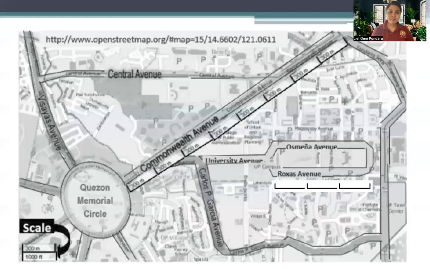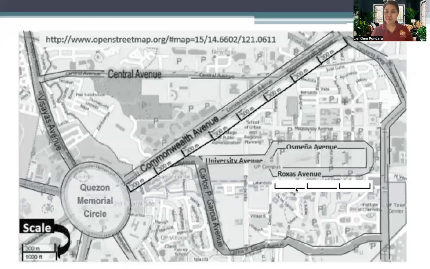Like how many of these given will you have? For example, this is not very accurate, but I'll show you this as an example. Say we're measuring the distance of Rojas Avenue. I'll get a thread, measure from the start to the end of Rojas Avenue, and check with my scale how long.